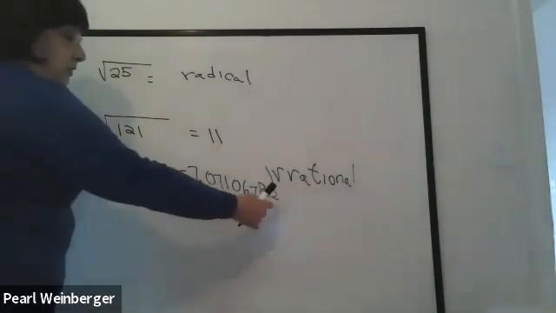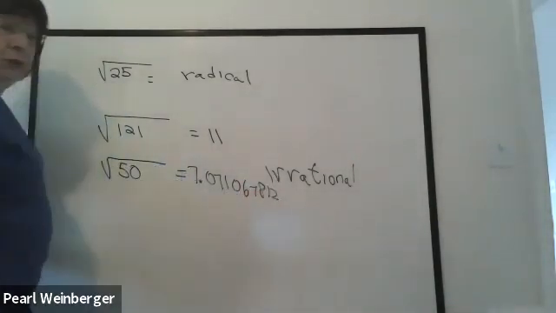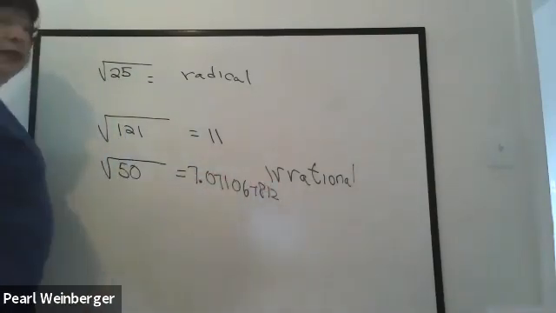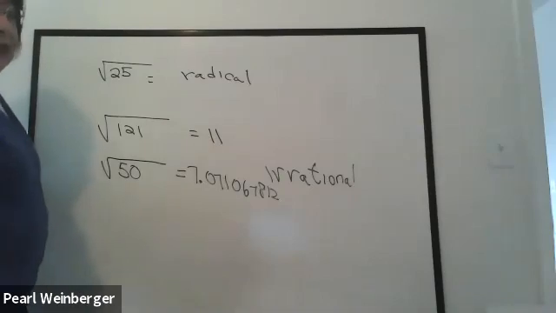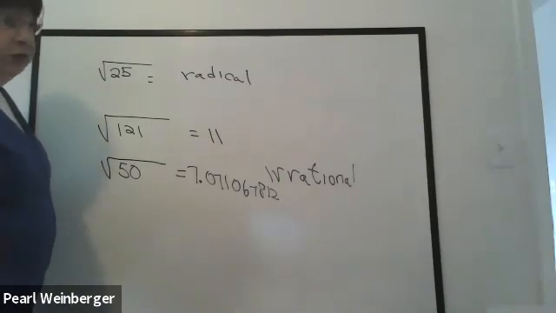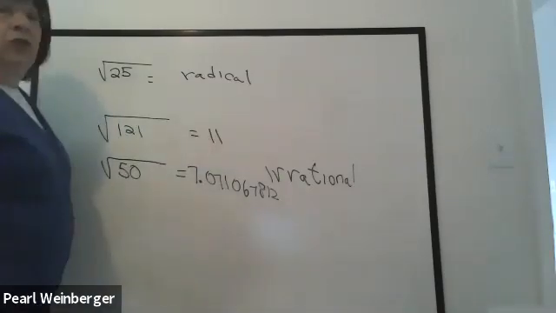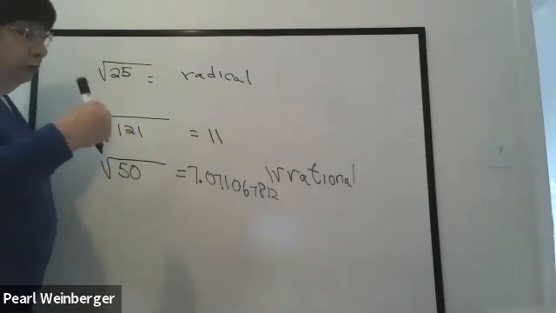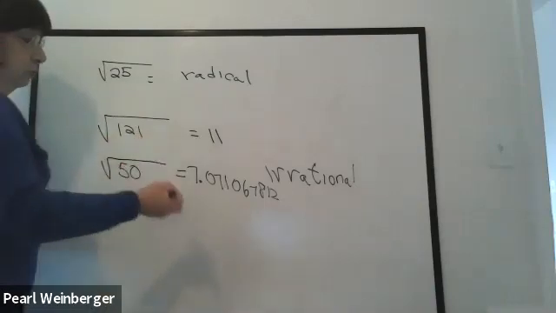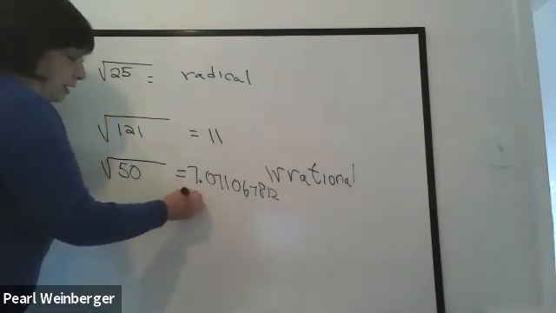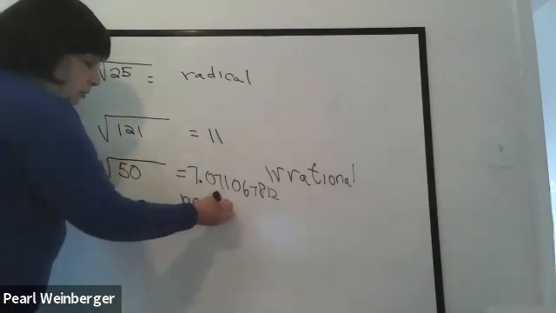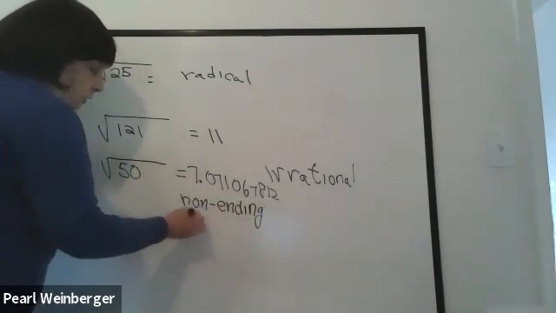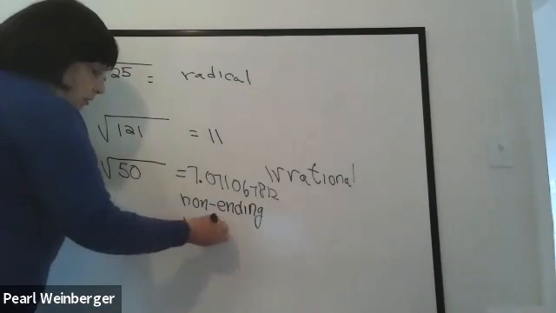Actually, the only reason it stops at this 2 over here is because my calculator only has room for 10 digits. If my calculator had room for 100 digits, the answer would have gone to 100 digits. That's what an irrational number is. An irrational number is a non-ending, non-repeating decimal.